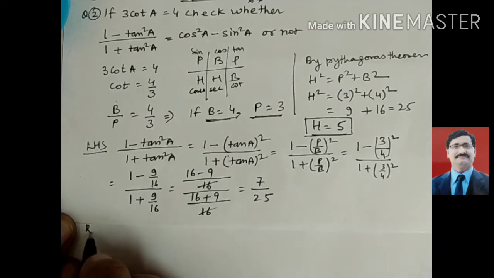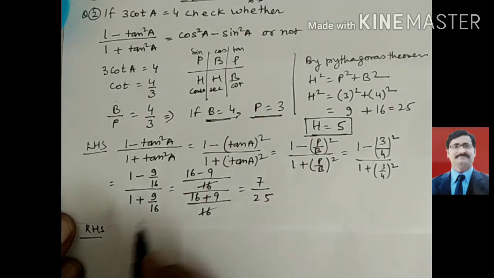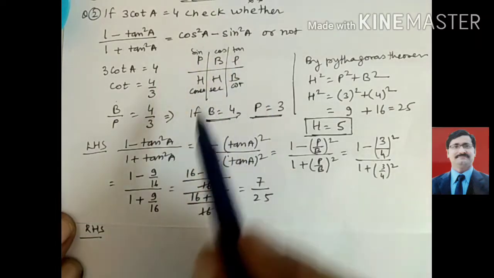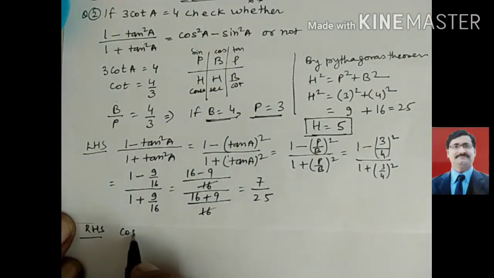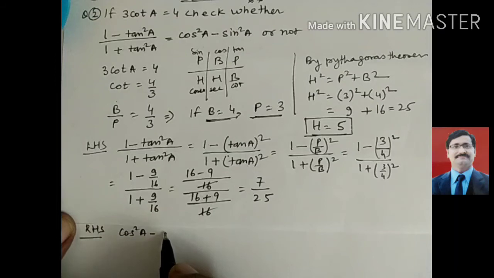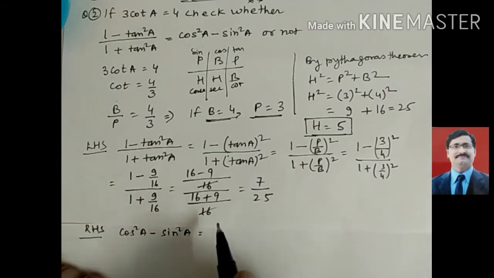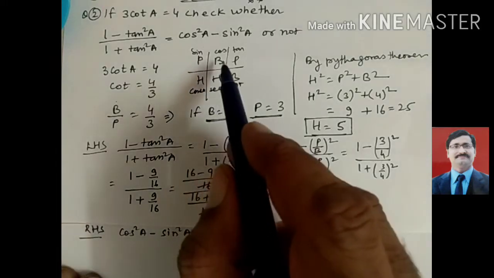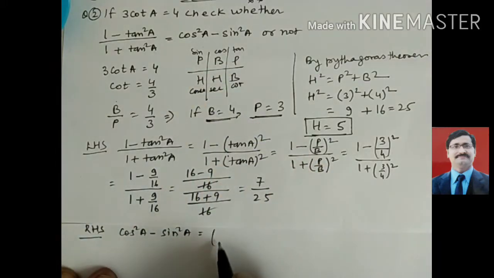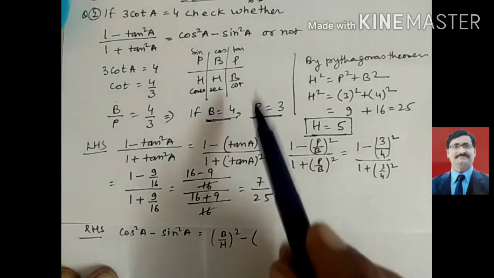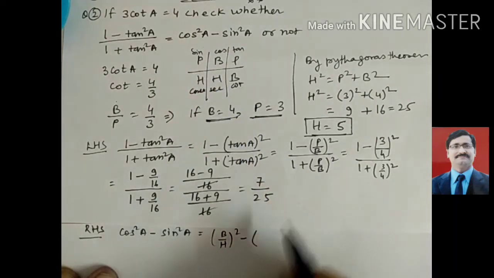Same for the right hand side. We will solve the right hand side. Right hand side is cos square A minus sin square A. Cos is base upon hypotenuse, minus sin, which is perpendicular upon hypotenuse.